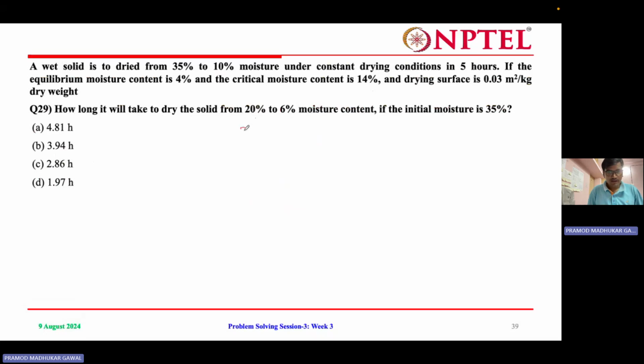So Xi is equal to 0.25, right? Xf is equal to 0.1628, and NC calculated in the first question of this statement is 2.5 kg per meter square per hour, right?